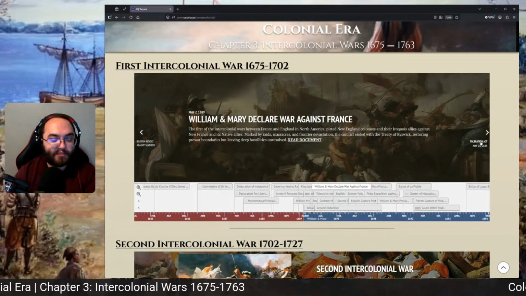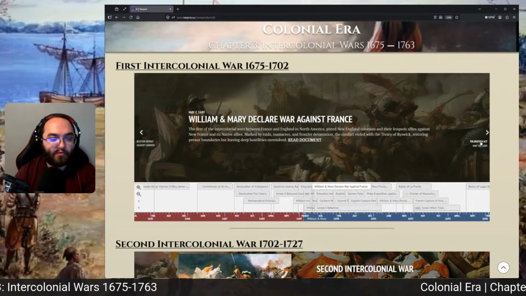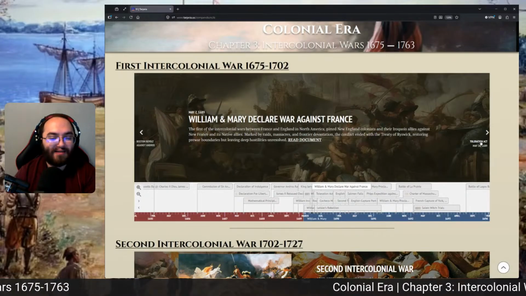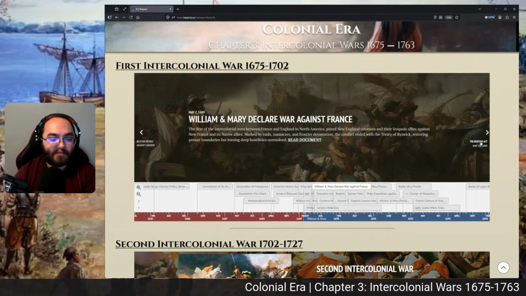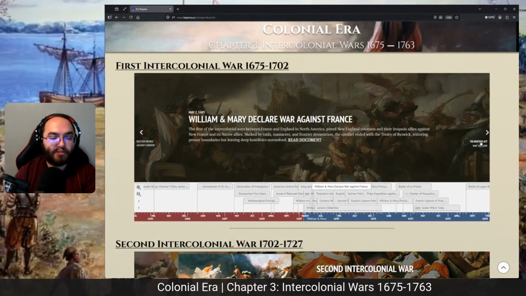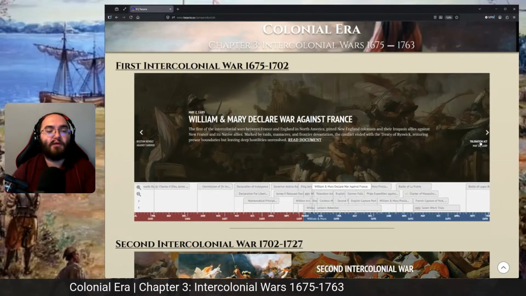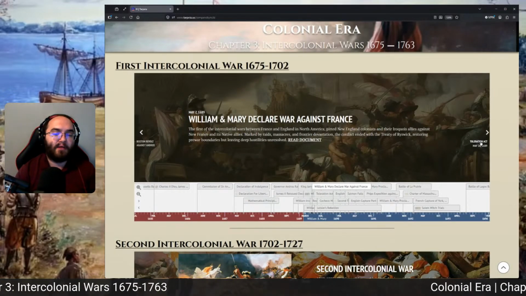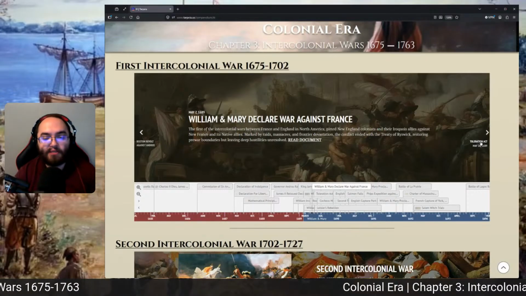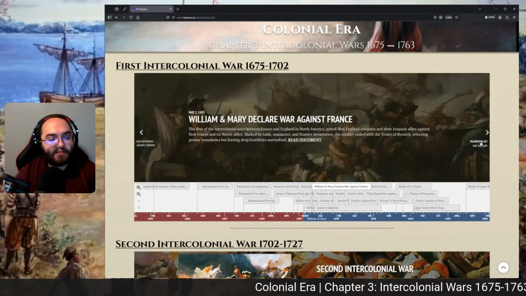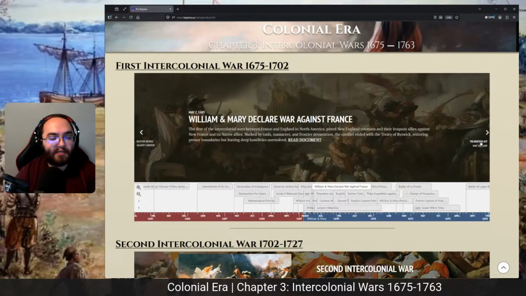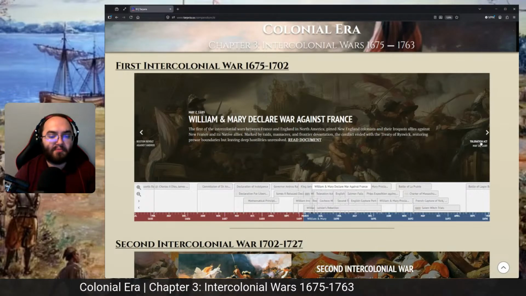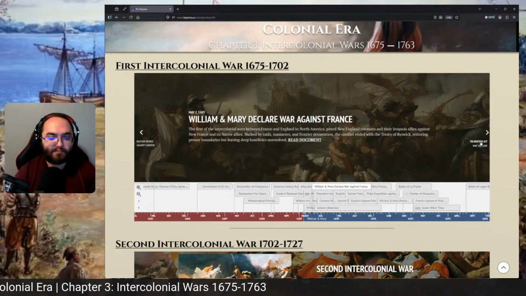In May of 1689, William and Mary will declare war against France, and this is the start of the First Intercolonial War. That is a conflict between France and England in North America, and it pitted New England colonists and their Iroquois allies against New France and its native allies, marked by raids, massacres, and frontier devastation.